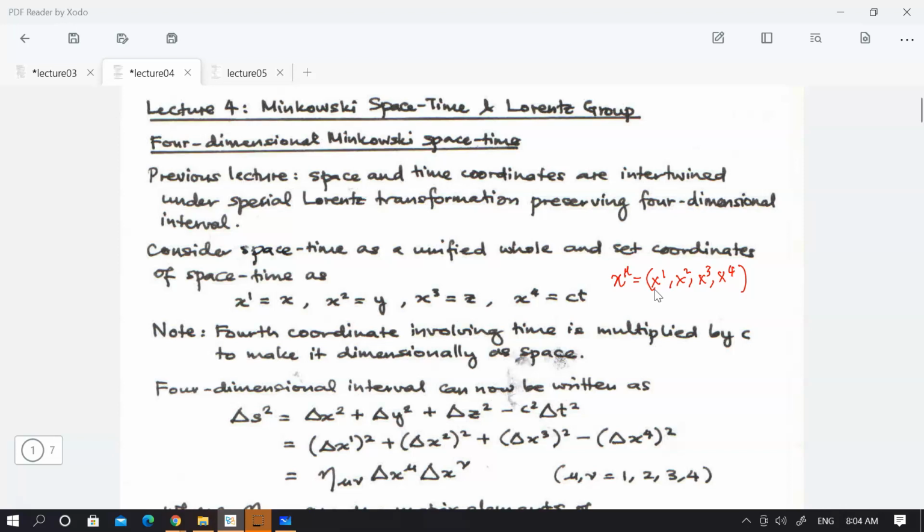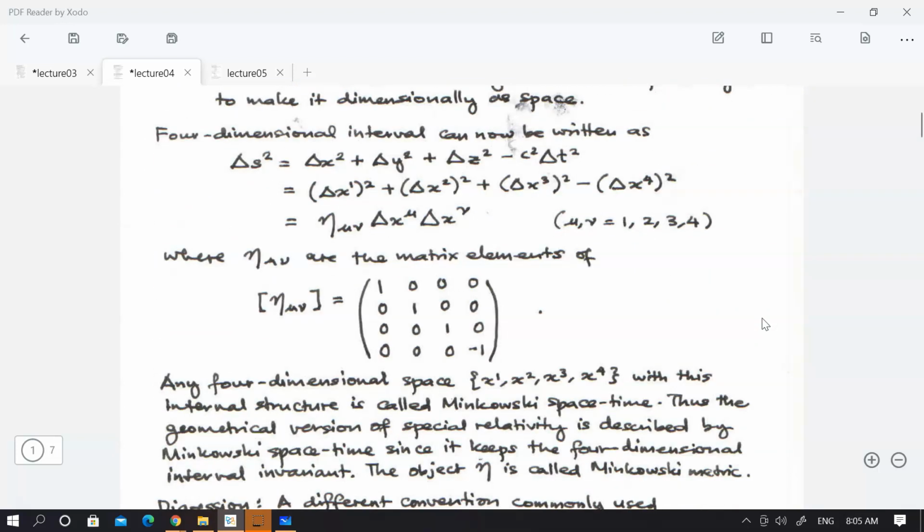So in other words, really one should be multiplying by c. If at times I will actually just write t, then that means I will be replacing it by c equals to 1. In that particular case, even with c equals to 1, time is of the same dimension as length.